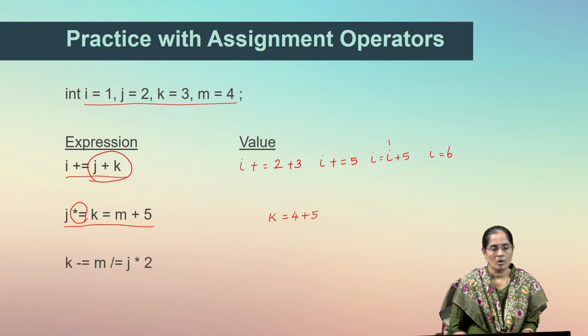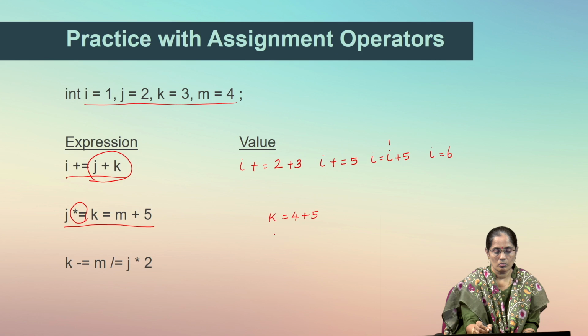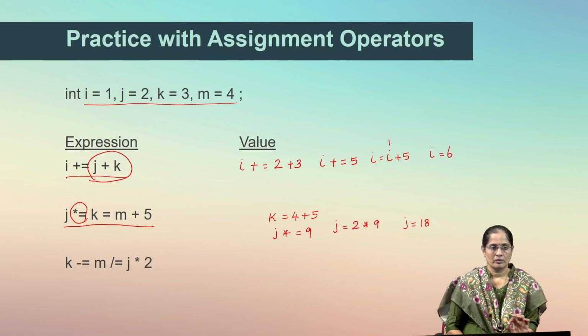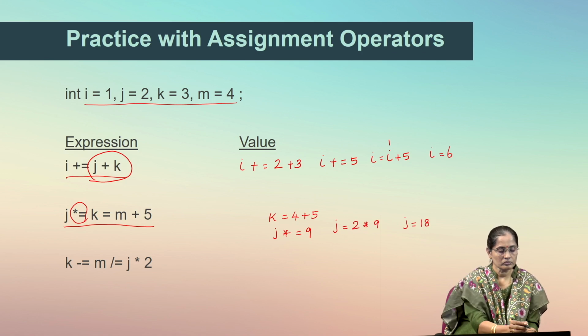The variable k already has a value 3, which will be overwritten with the value 9 now, and now the shorthand assignment operation with respect to multiplication will be carried out. j's value is already 2. So, it is equivalent to j equal to 2 into 9. So, we will be getting the value of j to be 18 after the evaluation of this expression.